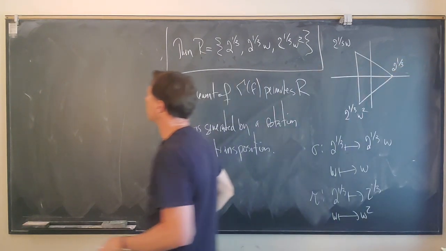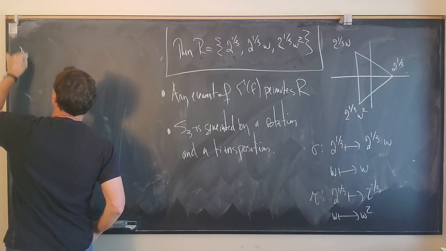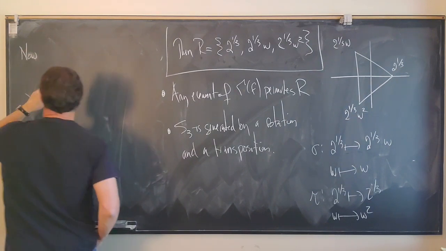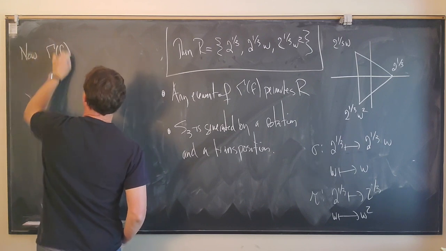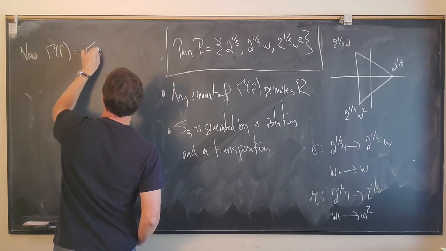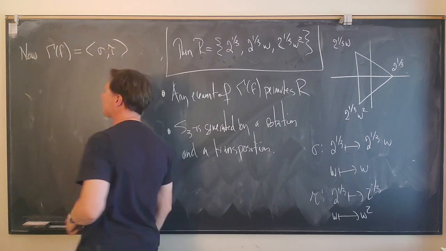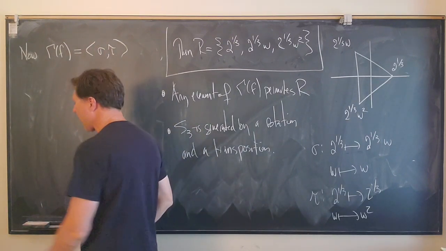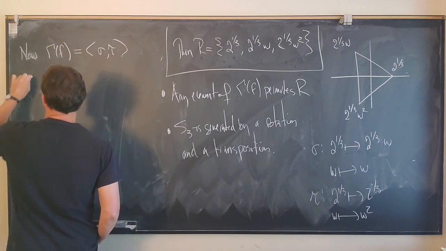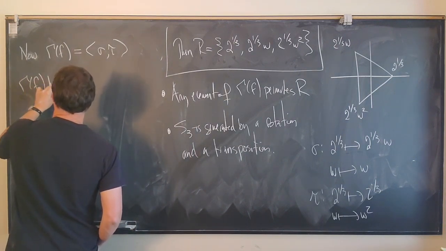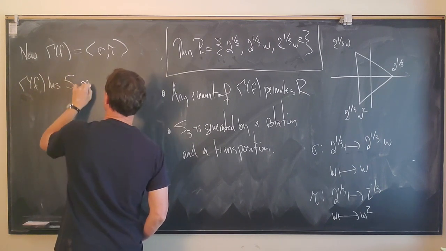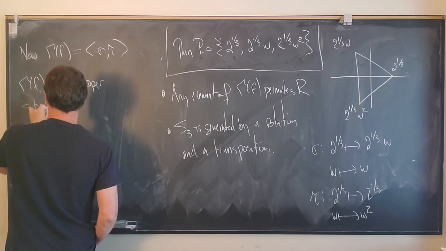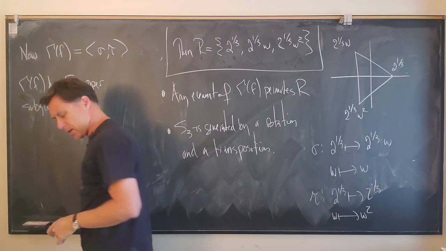So now, gamma of F is equal to the subgroup generated by sigma and tau. There are 5 proper subgroups, so gamma of F has 5 proper subgroups, and I computed these out.